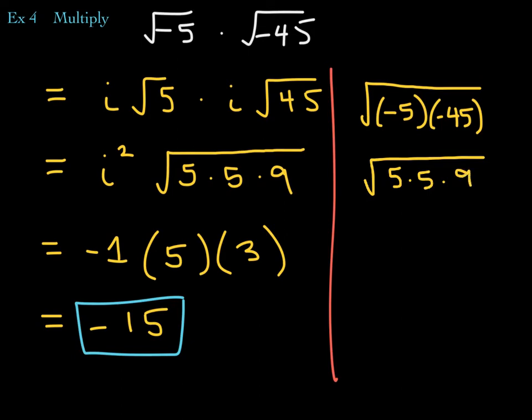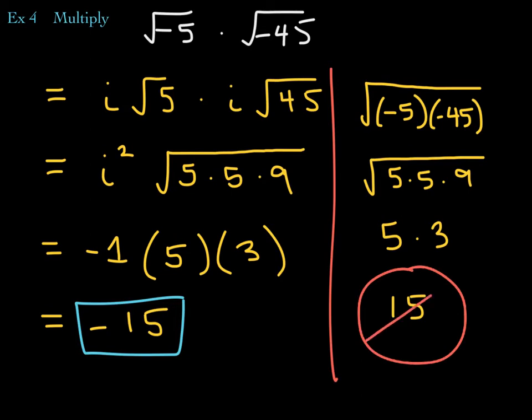And the square root of 25 is 5, and the square root of 9 is 3, and you get positive 15. Obviously, positive 15 is different than negative 15, and this is the wrong answer. And it's the wrong answer because before you operate, you must rewrite these in terms of i first, right? Write them in terms of i first.